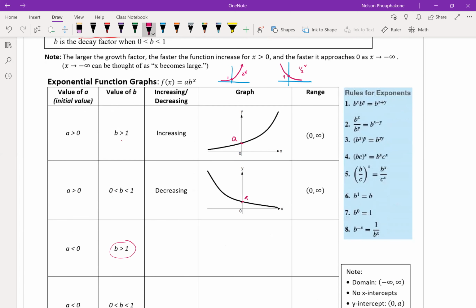Now, if b is greater than 1, but right now a is negative. In this case, if you remember the transformations, if a is negative, what happens is the graph is reflected about the x-axis. So we can look at this graph right here, and then we can graph this.